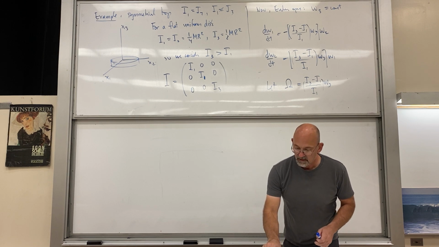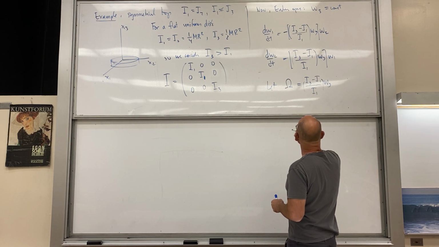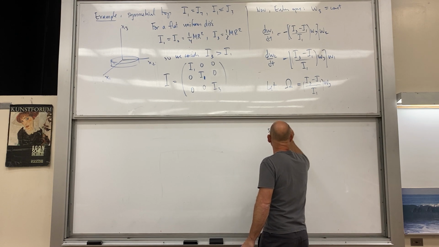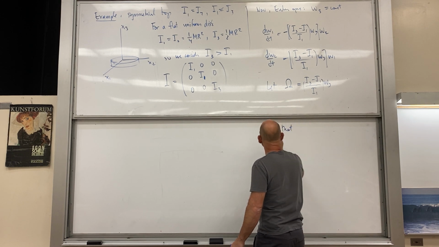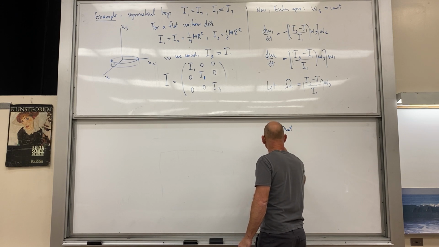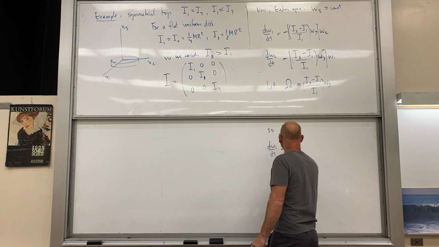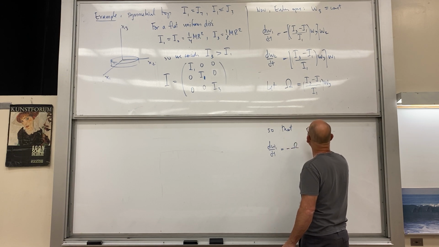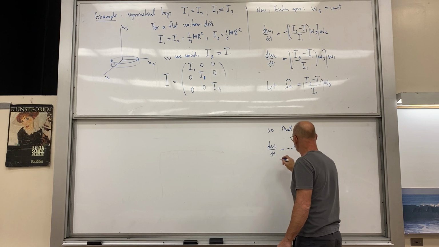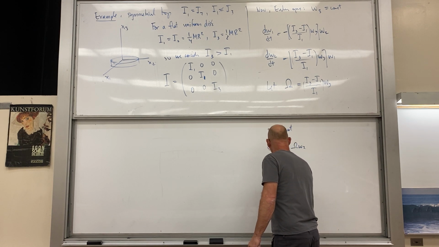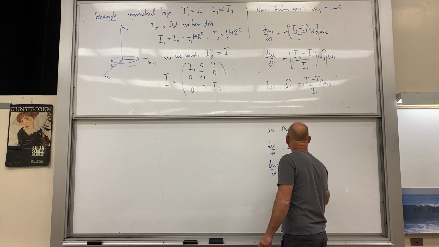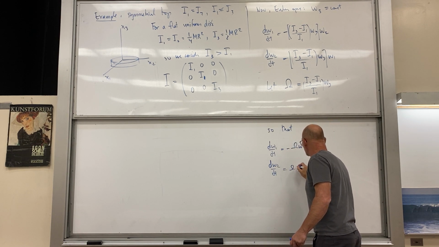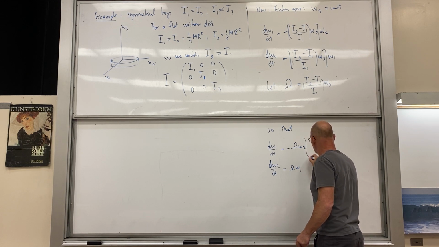Okay, let's see. We have dω1/dt equal to minus Ω ω2, and dω2/dt equal to Ω ω1.